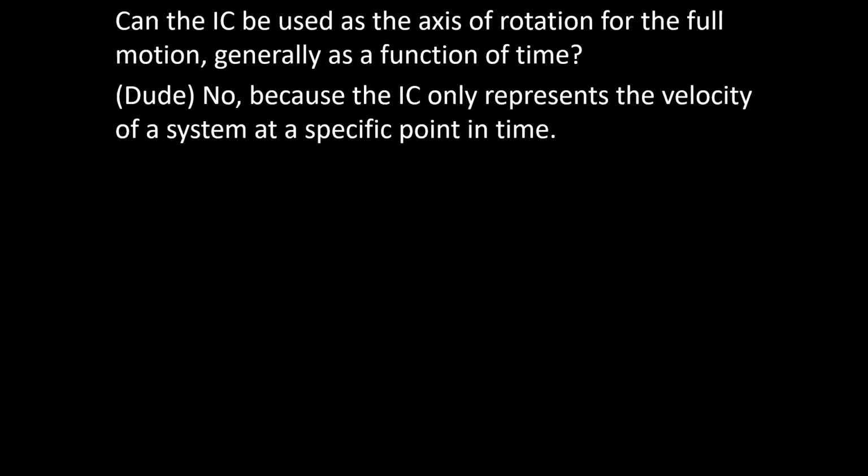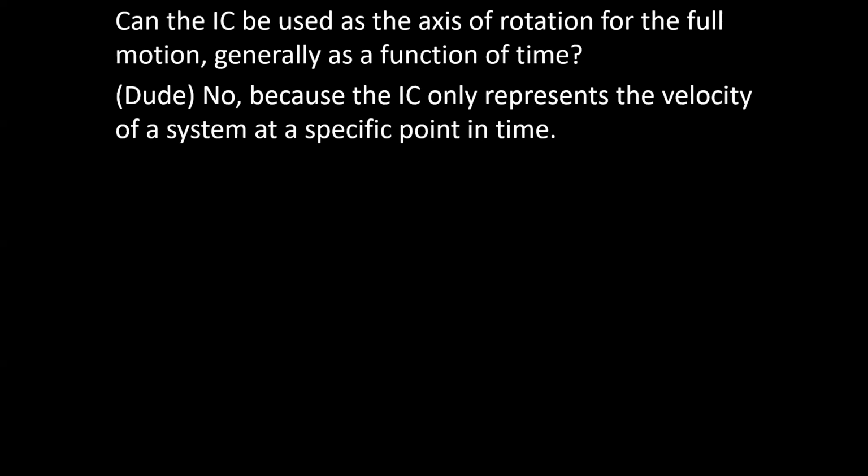So if you have an axis that's fixed in an inertial reference frame, you can use that as an axis, but you then have to consider translation plus rotation. But the IC is used for just considering rotation only. So those two ideas are not quite 100% compatible, because the IC is used for just rotation.